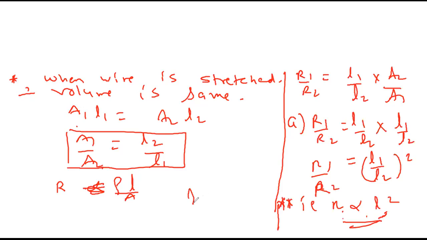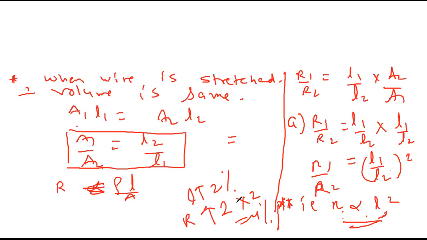If the change is less than 5%, then I will be using this formula. Like if they say length is increased by 2% by stretching, I will say R will increase by 2 into 2, 4%. This is called the derivative method, from the first chapter. But if they say length becomes double, then don't use this. Then use R1 upon R2 equals L1 upon L2 squared. Length is L1, new length is double, so resistance will be 4 times.